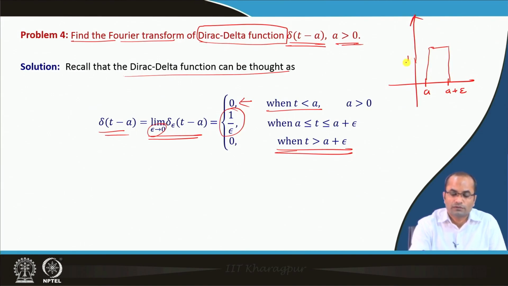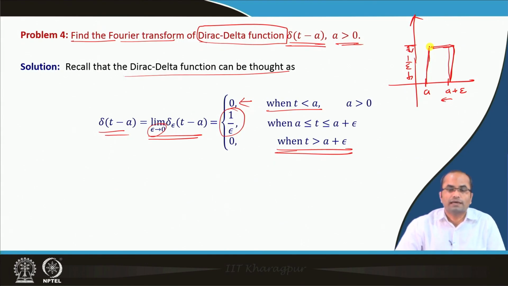As epsilon goes to 0, the height of this rectangle will increase, and the peak will go to infinity.